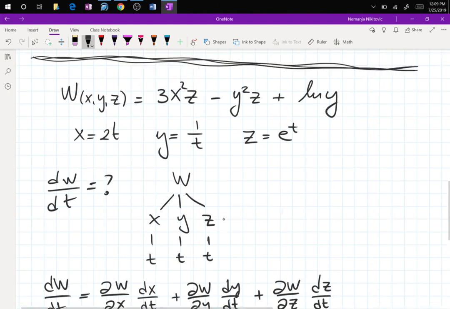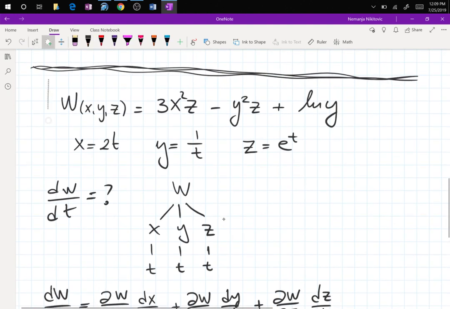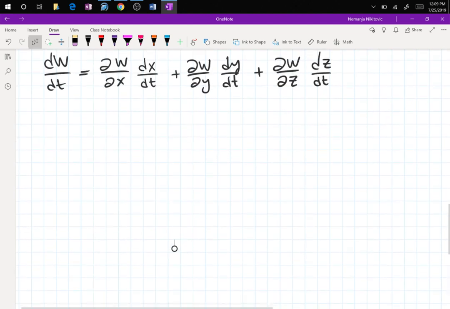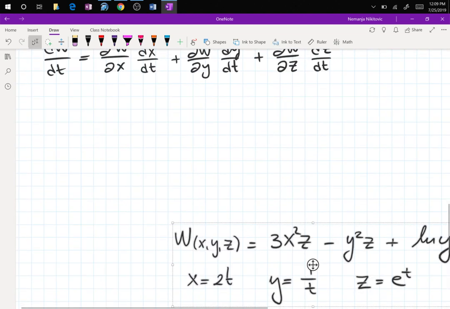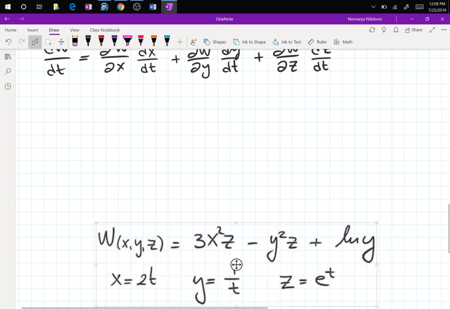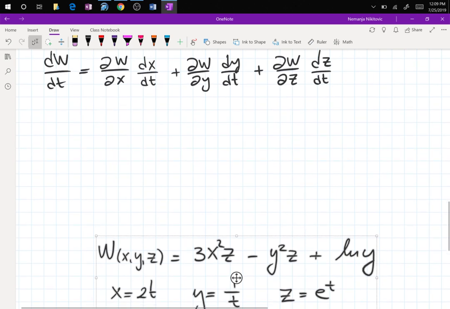What I'm going to do is, since I can't fit everything to show at once, I'm just going to copy and then erase this later. So I'll copy it here, so I can see all of the functions as I do calculations.